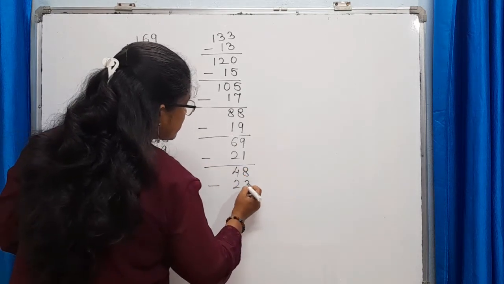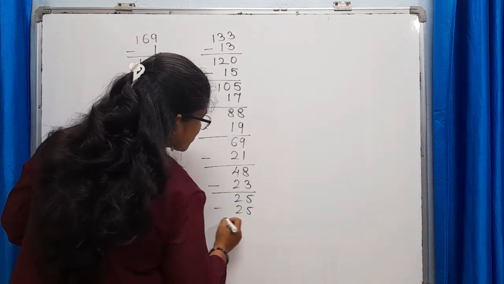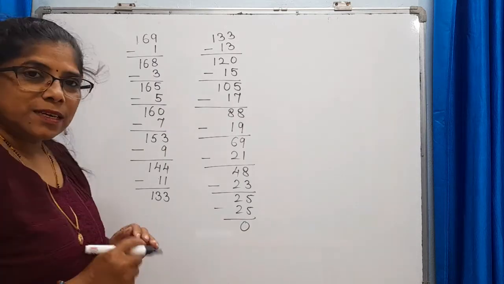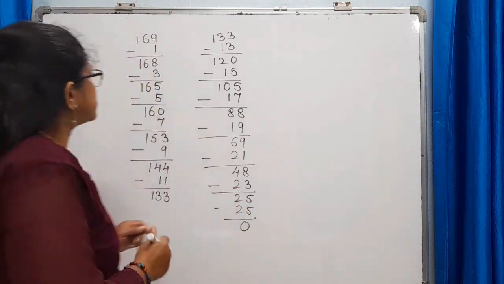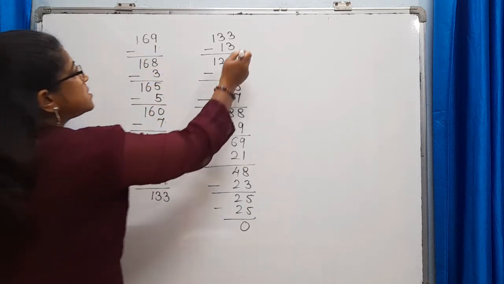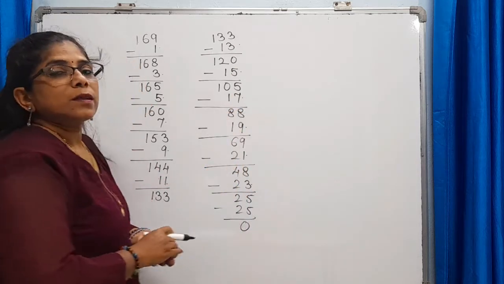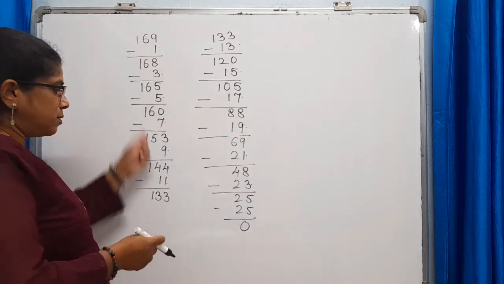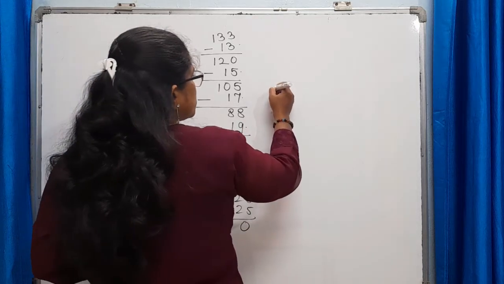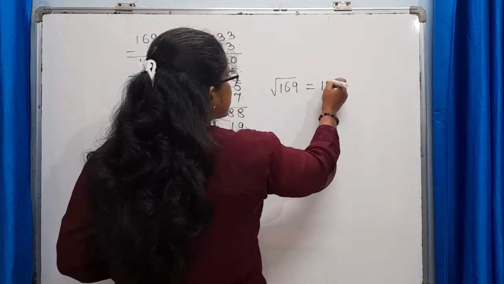Less 23. Less 25. At last we got 0. Now let's see how many odd numbers did we subtract here. 1, 2, 3, 4, 5, 6, 7, 8, 9, 10, 11, 12, 13. 13 odd numbers we subtracted to get the 0 here. So the meaning of this is the square root of 169 is 13.